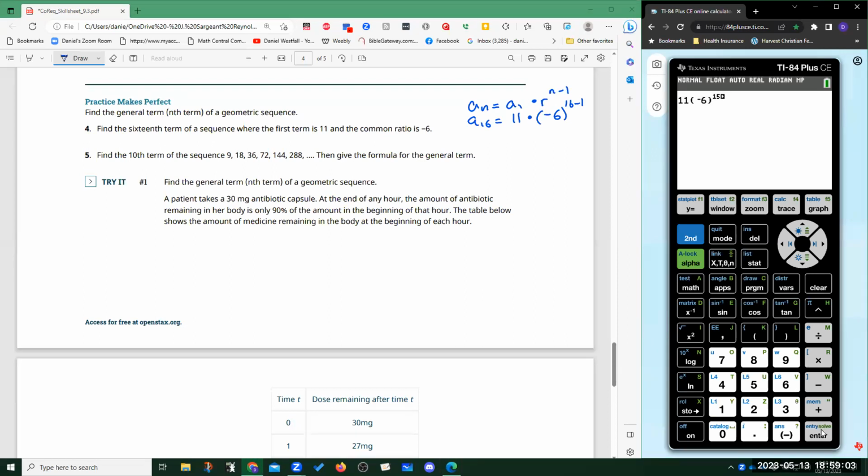And it's going to write this one, I'm pretty sure, in scientific notation. It is.